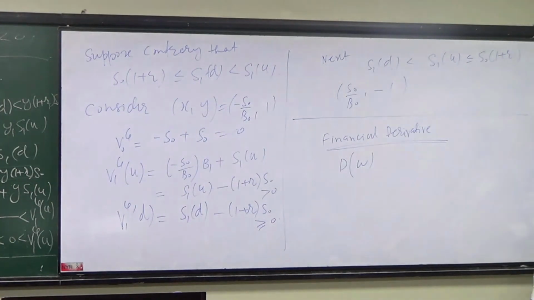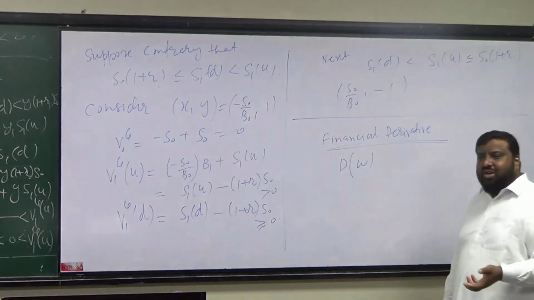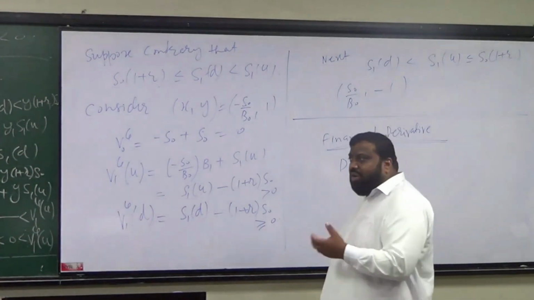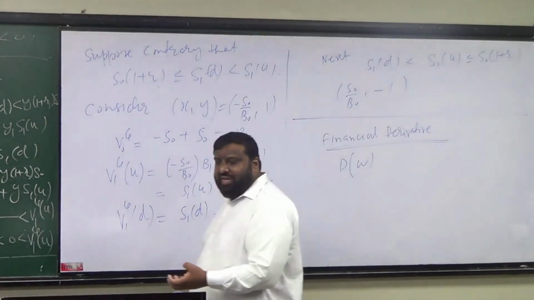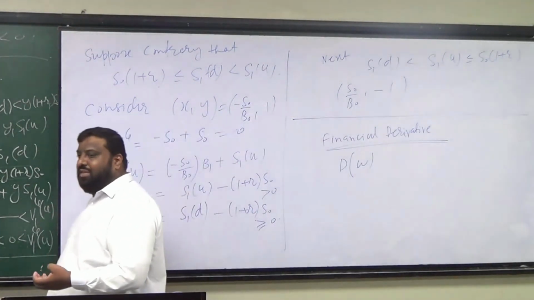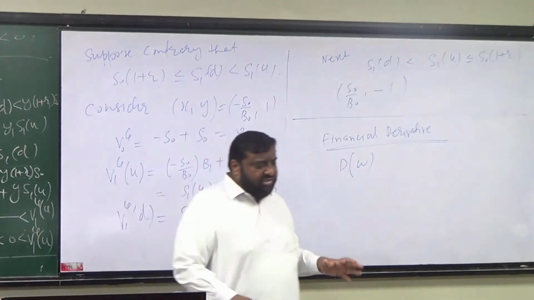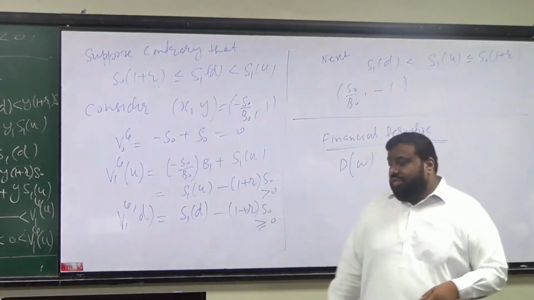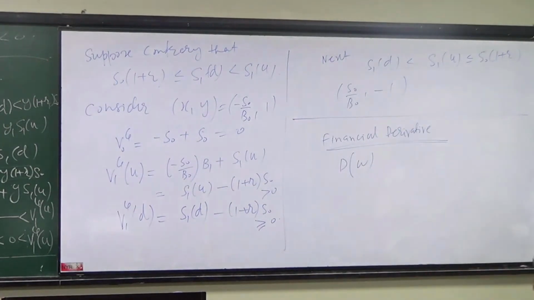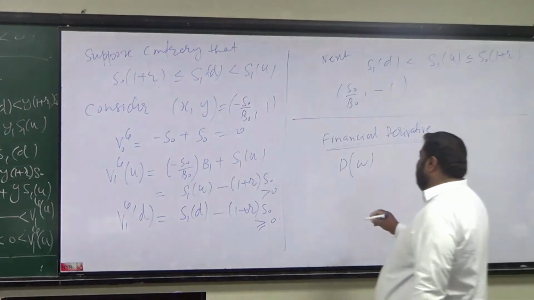So it's roughly betting on a stock. It's like, I don't know the stock, but let's talk about something which depends on a stock. So it's roughly betting on a stock. For example, what's an option?